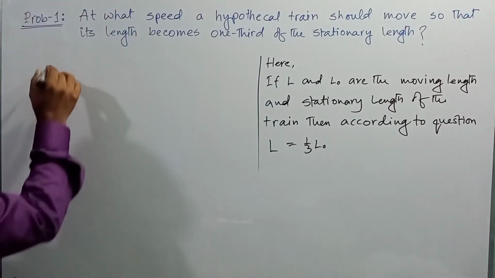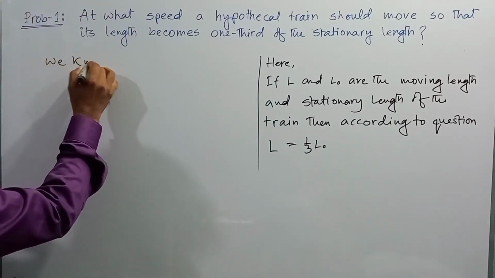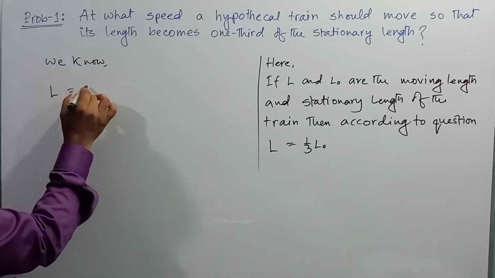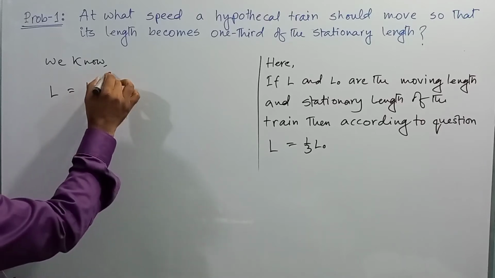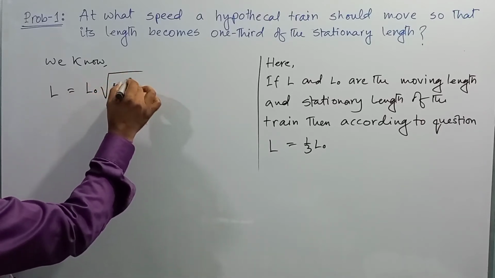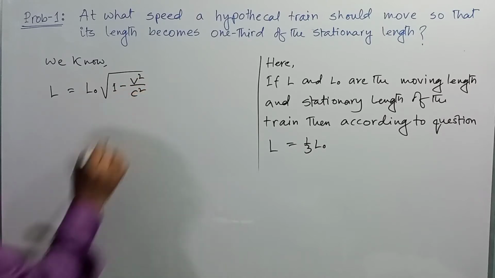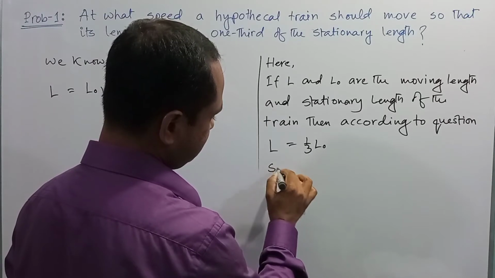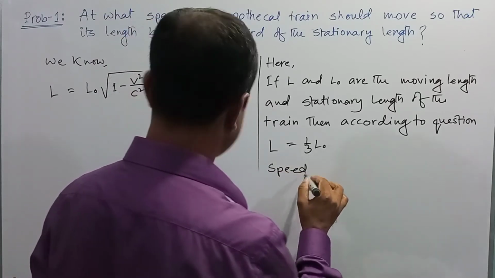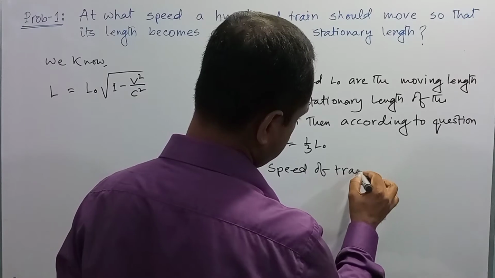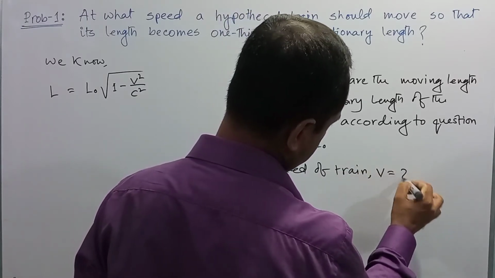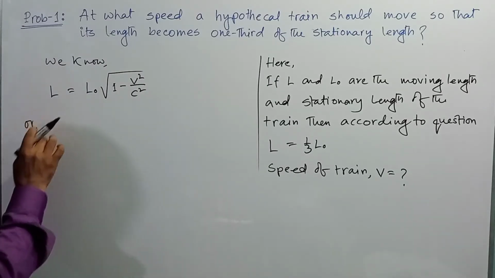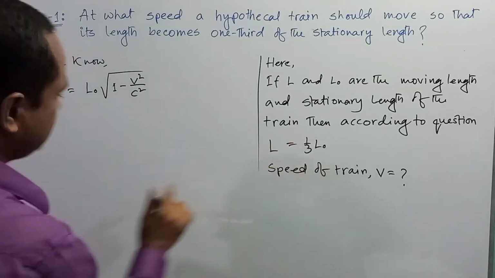So we know L is equal to L naught square root of 1 minus V square by C square. We need to determine the speed of the train, that is, speed of train V is equal to what? According to the question, L is equal to 1/3 of L naught.